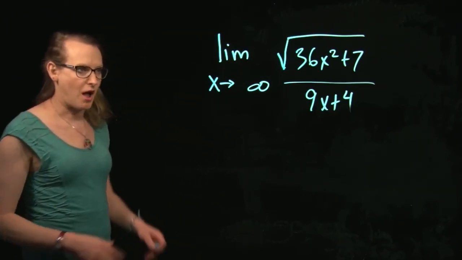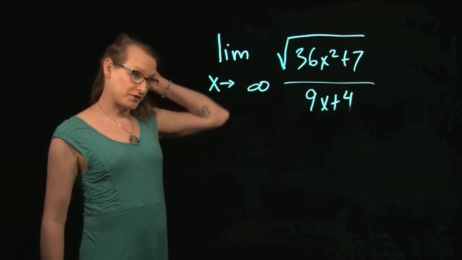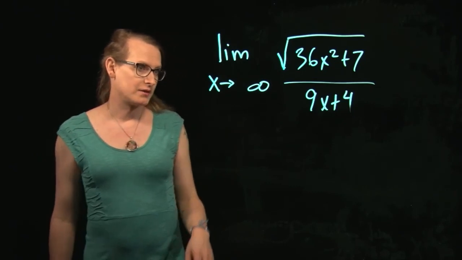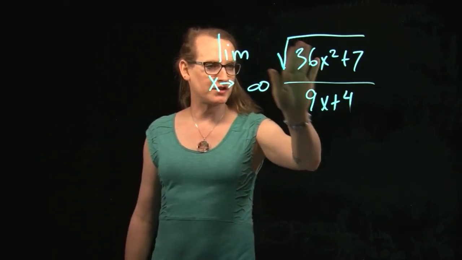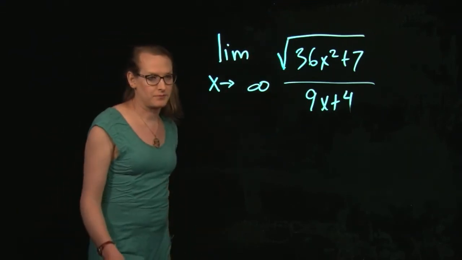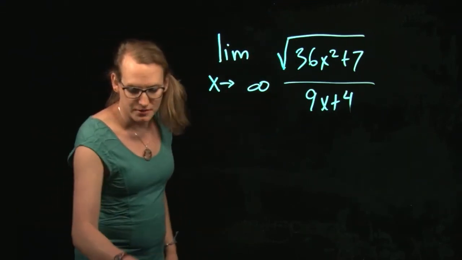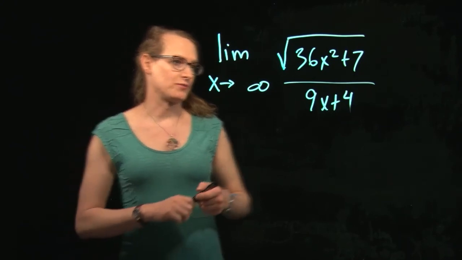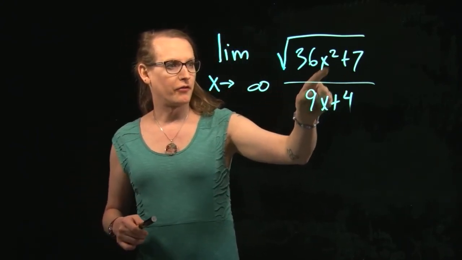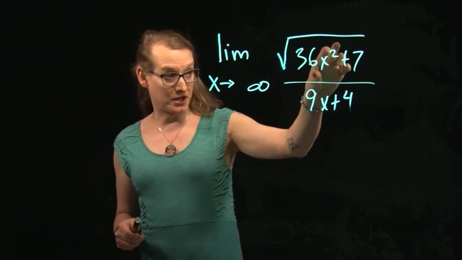Hopefully you're into it. The first thing we're going to do is consider the leading behavior of this thing. So I'm going to consider the stuff underneath the square root first and recognize that the square root happens after that. If I put in some really big number for x, then this square is going to be even bigger.